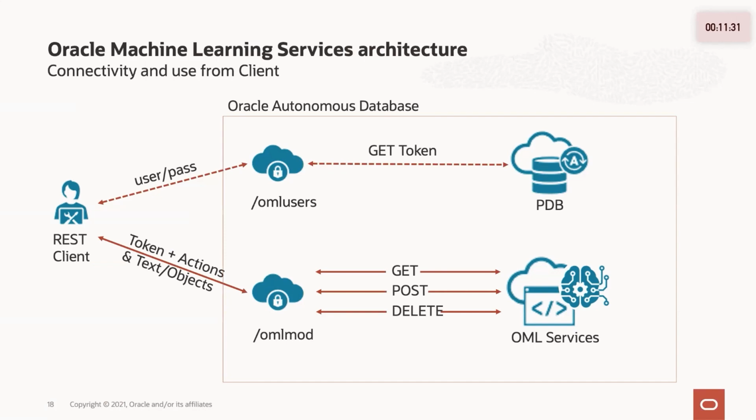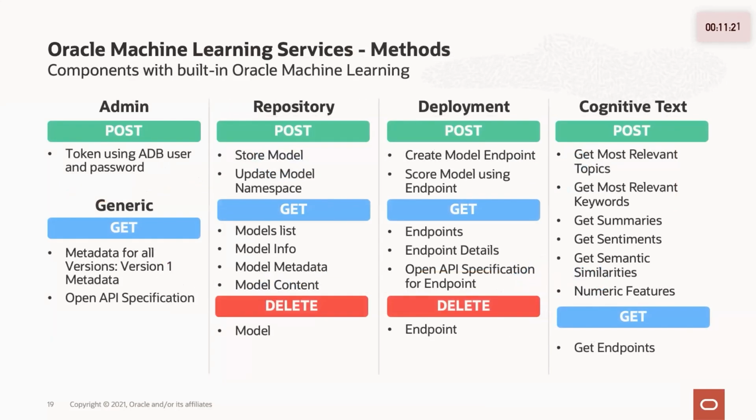And then we get back a token. When we get the token back, then we can do all the actions that are below, okay? So we can see all of the GET, POST, and DELETE. These actions are related to the things you're going to do, right? So the REST endpoint methods are all of these things that you see on the screen here. There's a lot of different components, from administration to getting the model lists, to deploying the models, to the cognitive text at the end of the day.